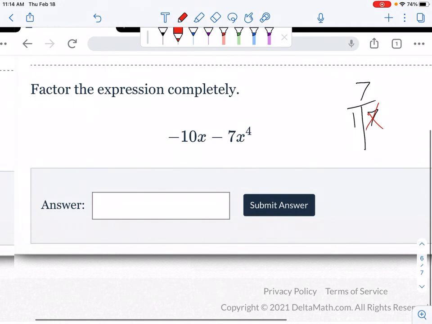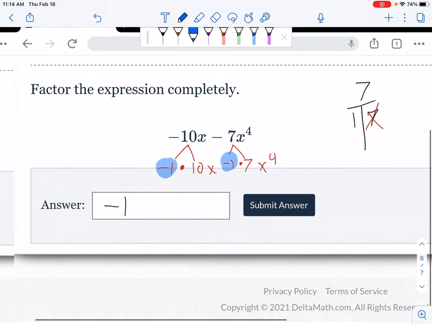So I'm going to rewrite these, but I'm going to rewrite them with the negative. So a negative 10 is really just negative 1 times a positive 10. And I leave my x. And then a negative 7 is really a negative 1 times a positive 7, x to the 4th. So my common factor here is a negative 1.